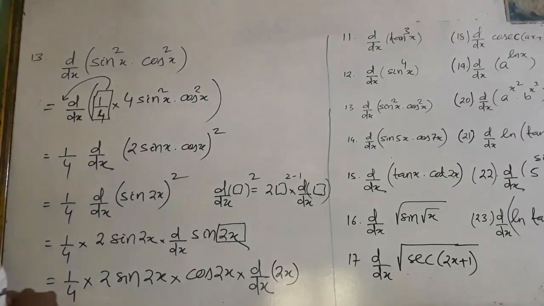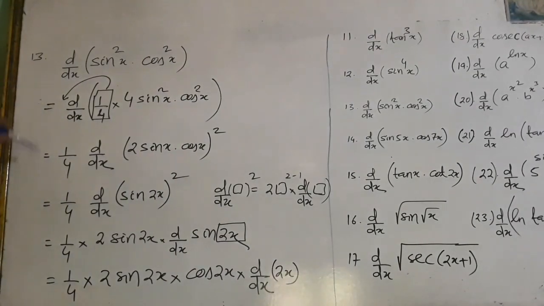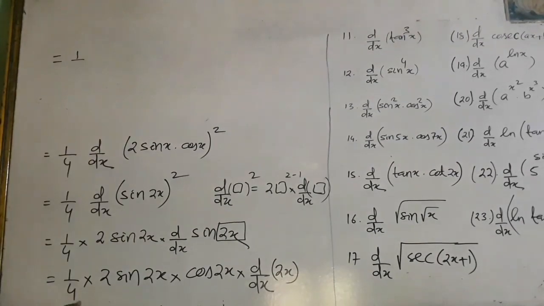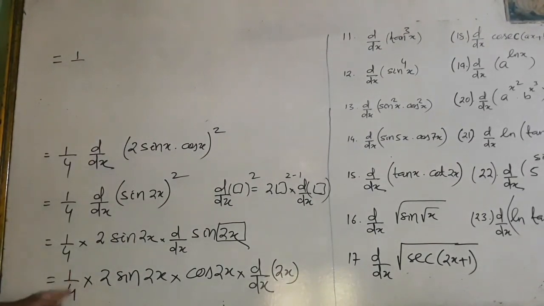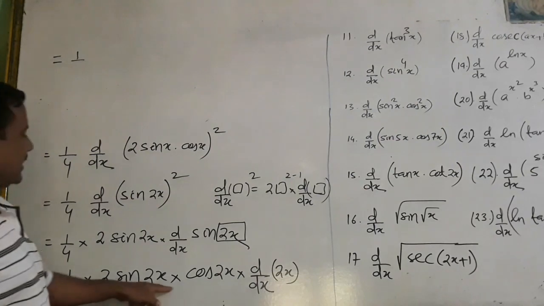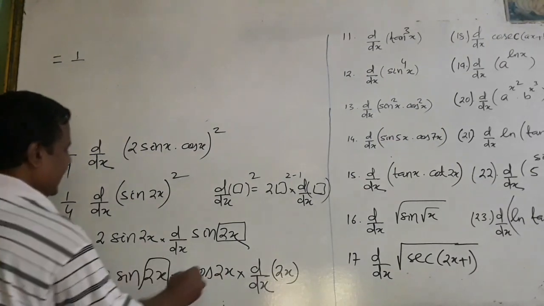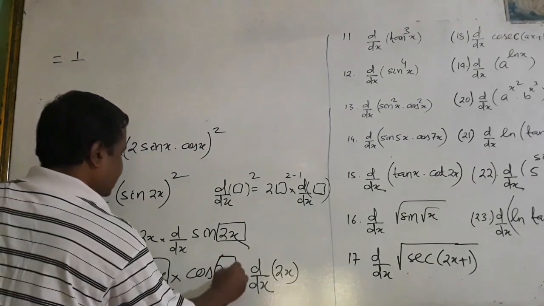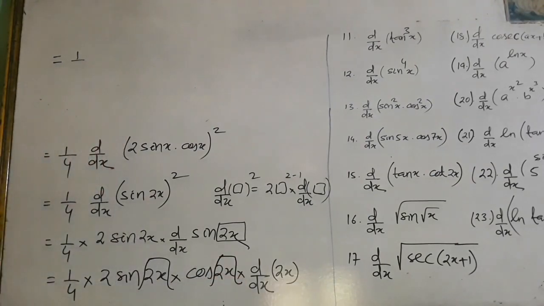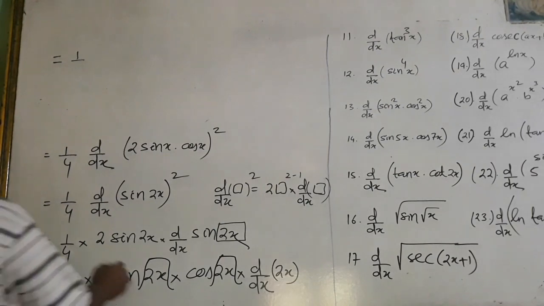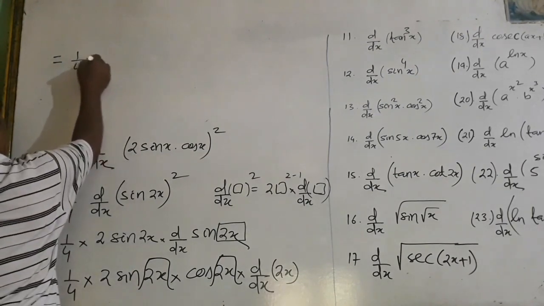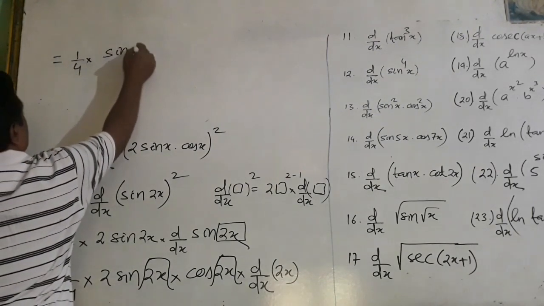Now look at here. I am going to this line, you take the screenshot. Now it is 1 by 4, 2 sin 2x into cos 2x. You know the formula 2 sin A into cos A. What is the answer? It is sin 2A. So 1 by 4 into sin 2A.